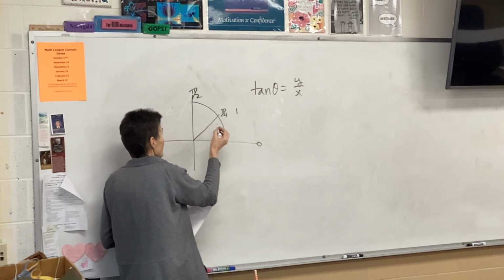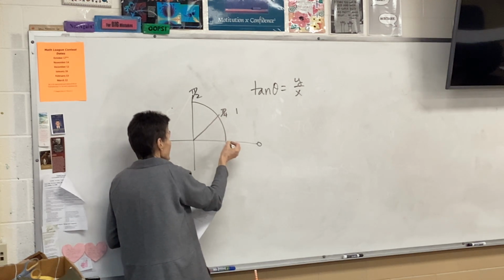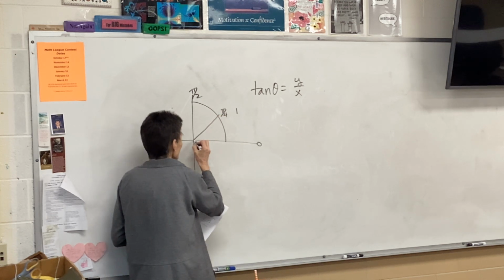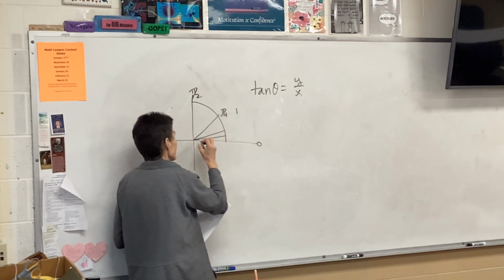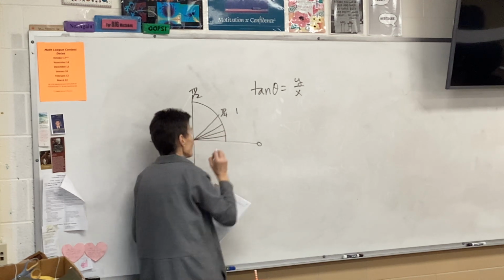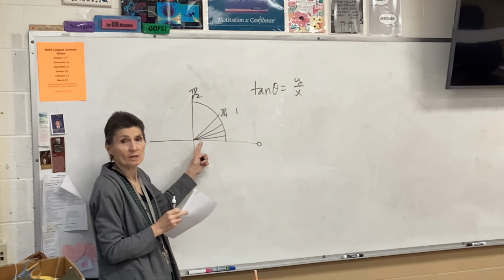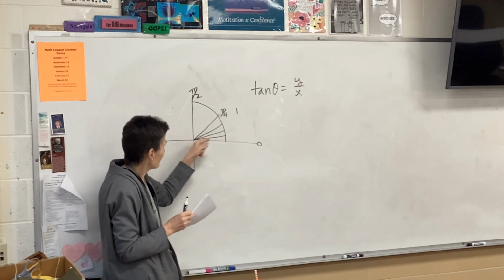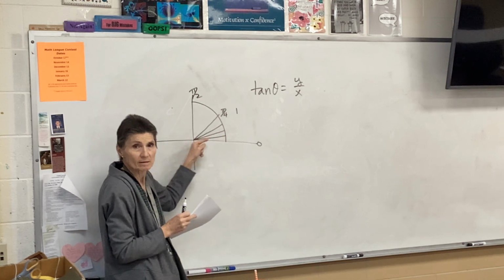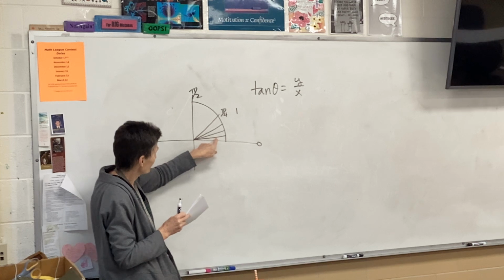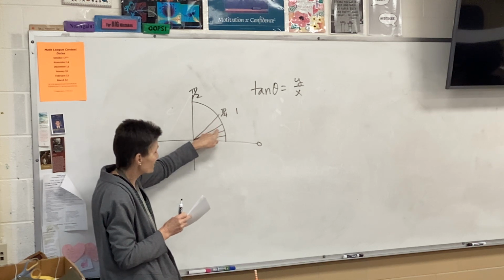Now, what happens in between 0 and pi over 4? Let's look at just different angles in there, one of which is pi over 6, but there's lots of angles in there. What is happening to the slopes of those little radius segments that I drew in there? Compare this slope to this slope to this slope.